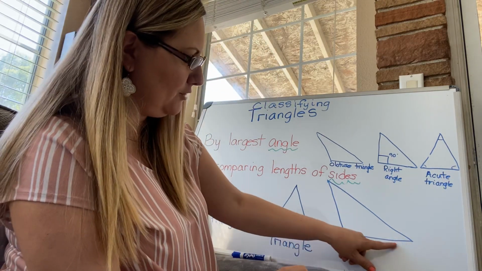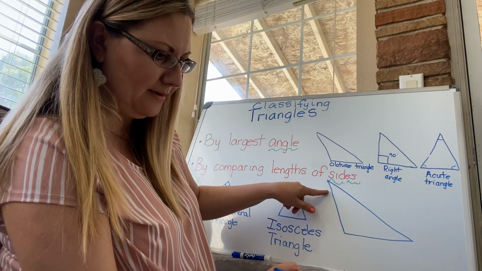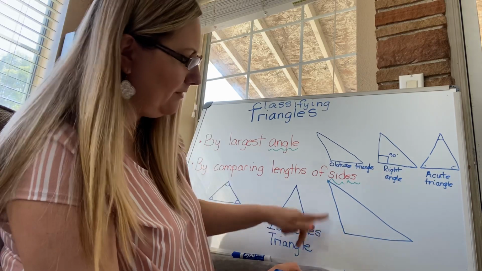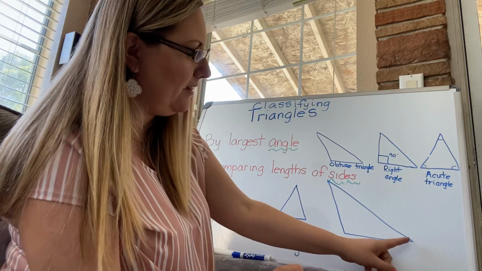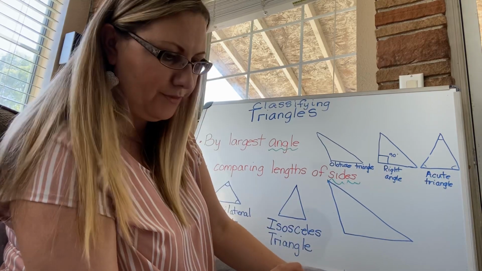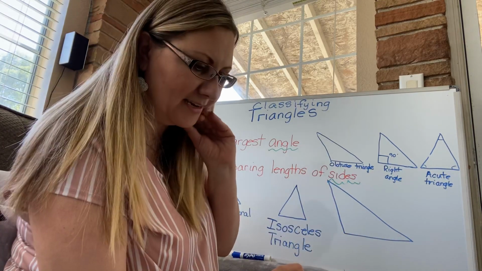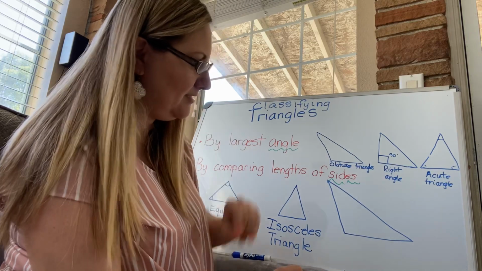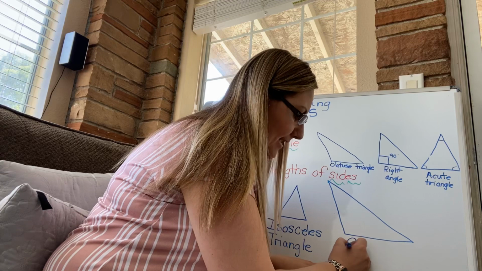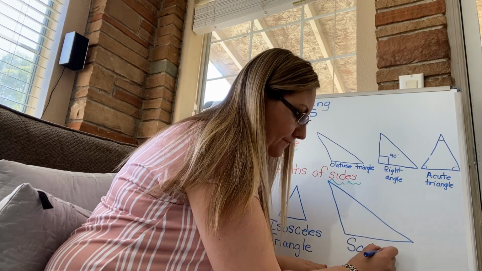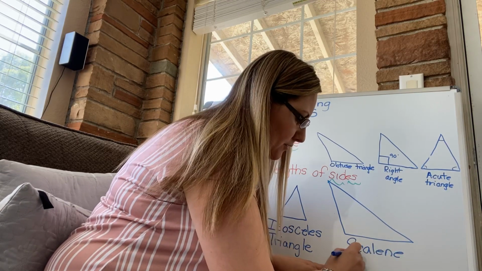And so you see this is just a little shorter, a little bit longer, or vice versa. I think I drew it exactly backward from your book. And then here we have this really long side, but none of these are exactly the same. So now we call this a scalene triangle.